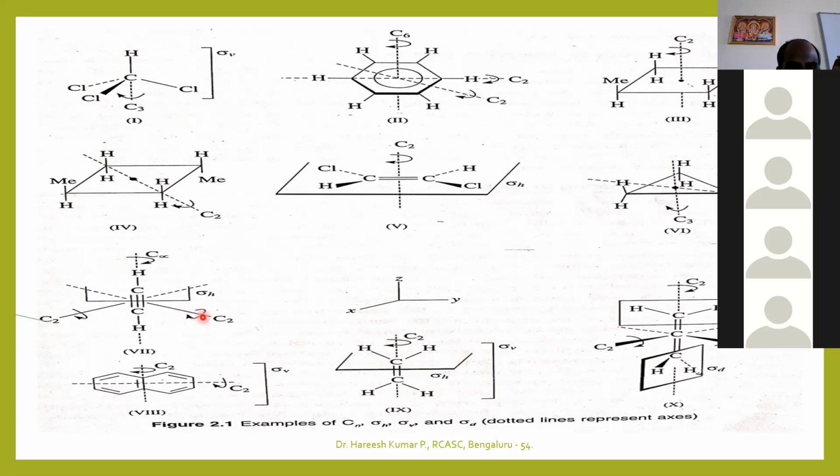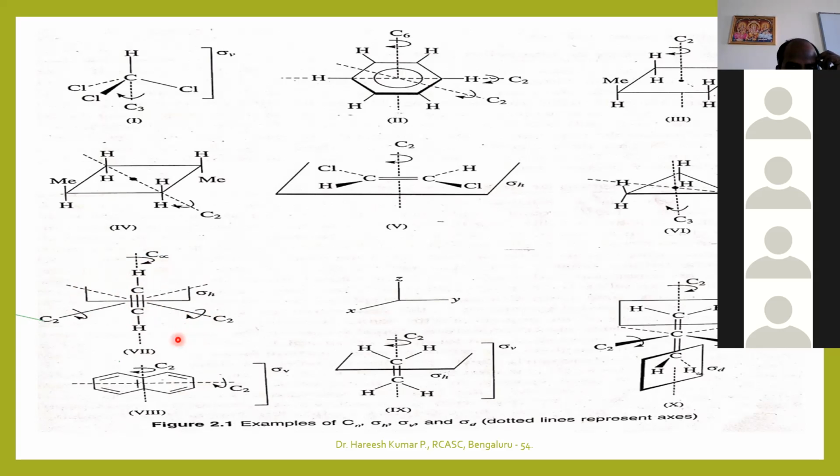So one should be the principal axis, and this one as well as this one are the secondary axes, whereas this one is the primary axis. Primary axis means the one which passes through a greater number of elements in a molecule.